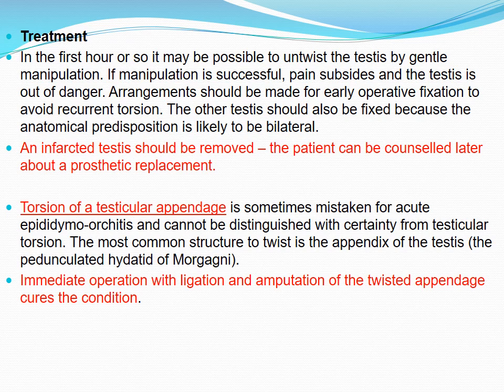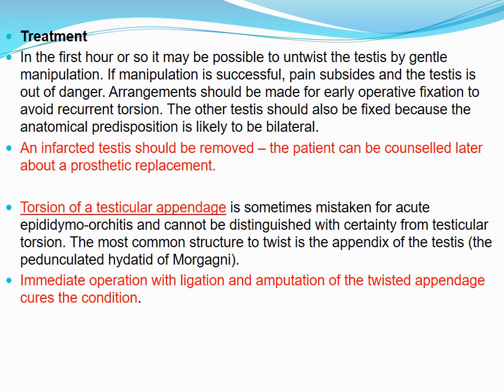There is another condition that mimics acute testicular torsion: torsion of the testicular appendages. This is sometimes mistaken for acute epididymo-orchitis, because the presentation is not as severe as testicular torsion. It also needs good evaluation.